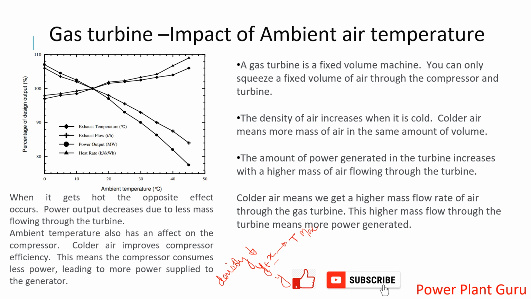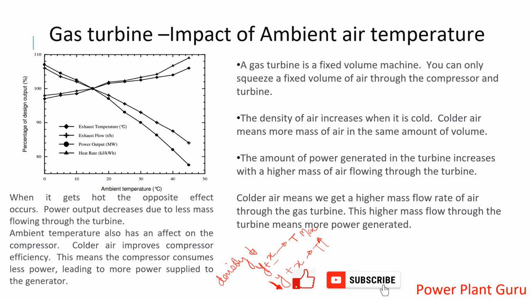Your Y quantity is not getting pushed in the same volume. Even if your IGV is maximum open and the compressor is trying to pull the maximum volume of air, it will not be Y, it will be something less. Now, if you put in only the same amount of X fuel, your T will increase, because the air is less.